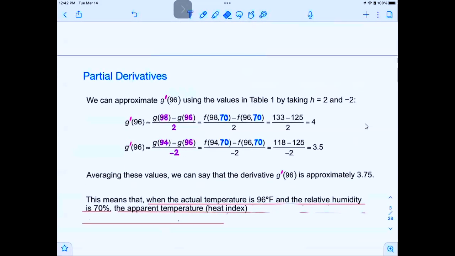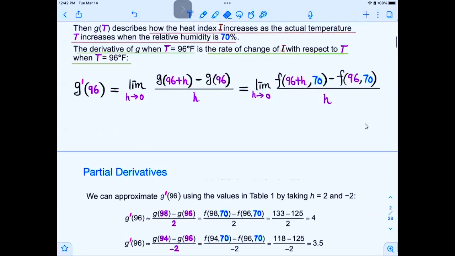Now, remember, we can actually approximate the derivative at 96 by taking the nearby values to calculate that, right? So if you try to find G prime of 96, then what we can do here is use the table.